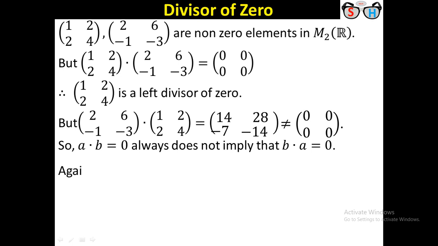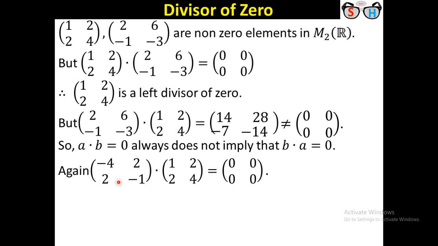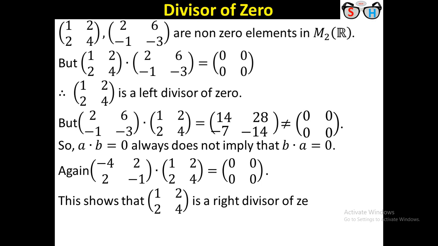Here we consider another non-zero element, [-2 4; 2 -1]. If you multiply that element with this, the result will be 0. So here you see that there are two non-zero elements whose multiplication is 0, and here [1 2; 2 4] is on the right side of the multiplication. So [1 2; 2 4] is a right divisor of 0. Okay, so [1 2; 2 4] is a left divisor of 0 as well as a right divisor of 0.